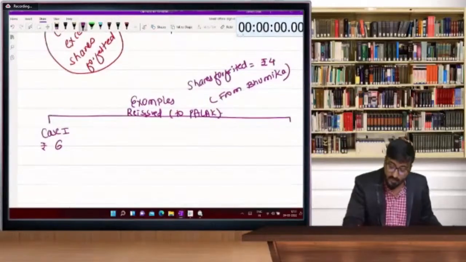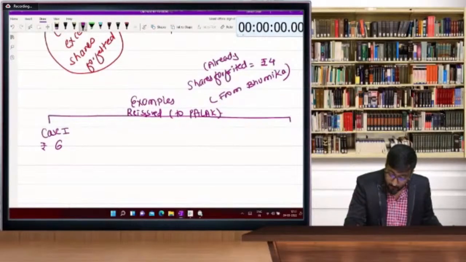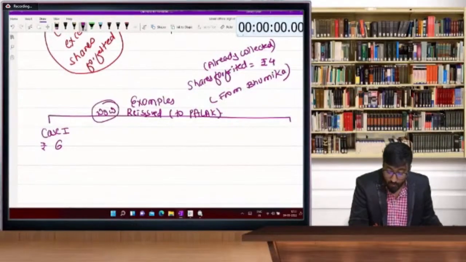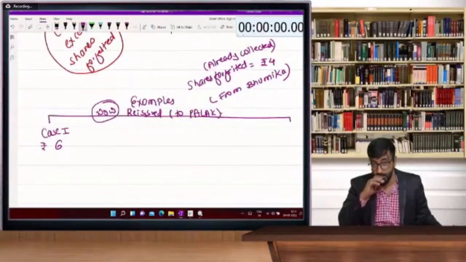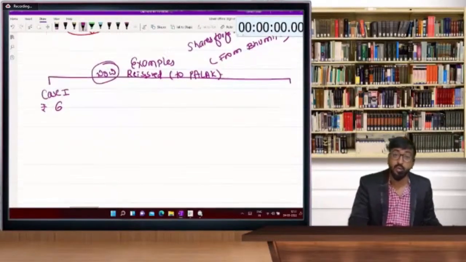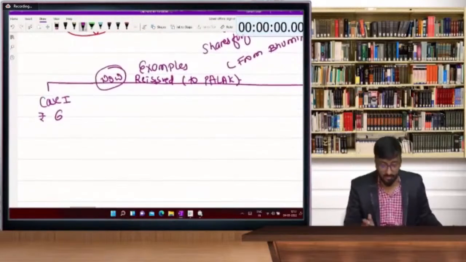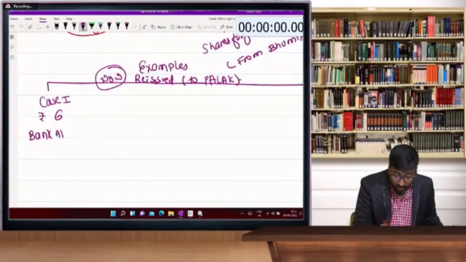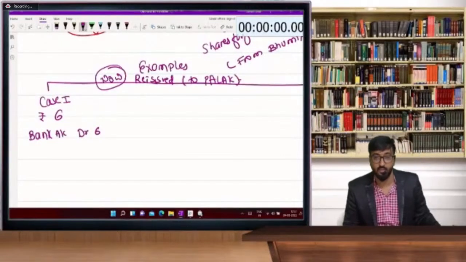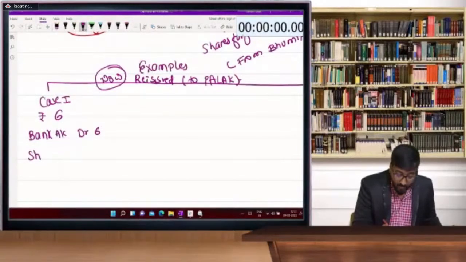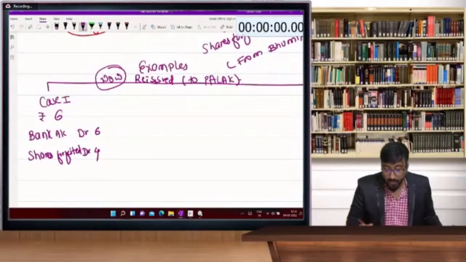Reissue means ₹4 I already collected from Bhumika and I cancelled her name from the shareholder list. In case 1, I'm going to reissue at ₹6. So what is the entry? Bank account debit 6. Very simple. Shares forfeited account 4.